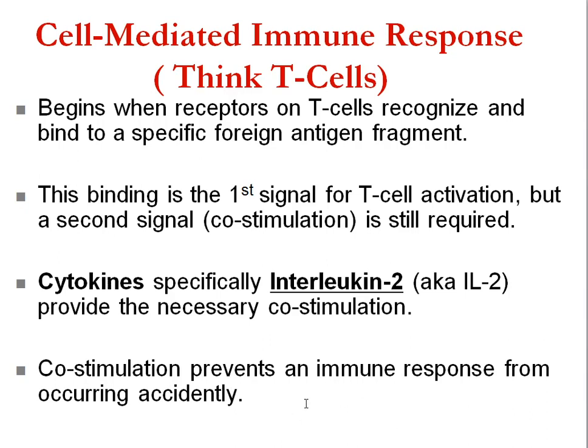We don't want cells attacking cells accidentally inside our own body. So we require these cytokines, specifically interleukin-2, to give co-stimulation to say, yes, we should definitely activate a T cell, or no, we should not go ahead and activate these T cells, just depending on the circumstance.